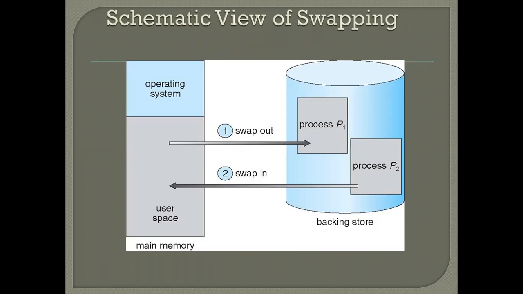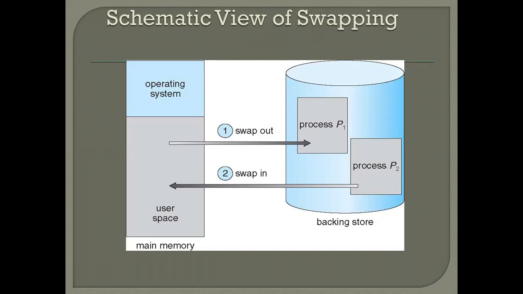So swapping requires a backing store, and the backing store is commonly a fast disk. It must be large enough to accommodate copies of all memory images for all users, and it must provide direct access to these memory images. The system maintains a ready queue consisting of all the processes whose memory images are on the backing store or in memory and are ready to run.